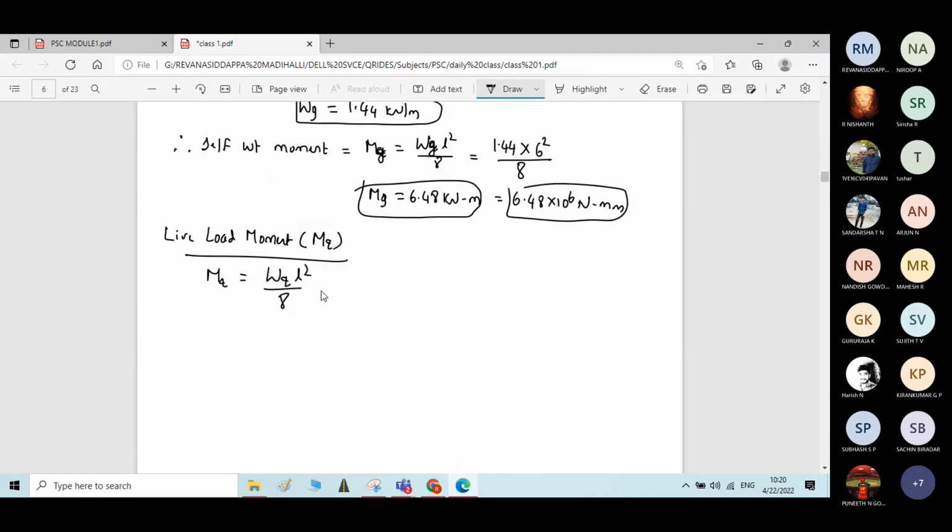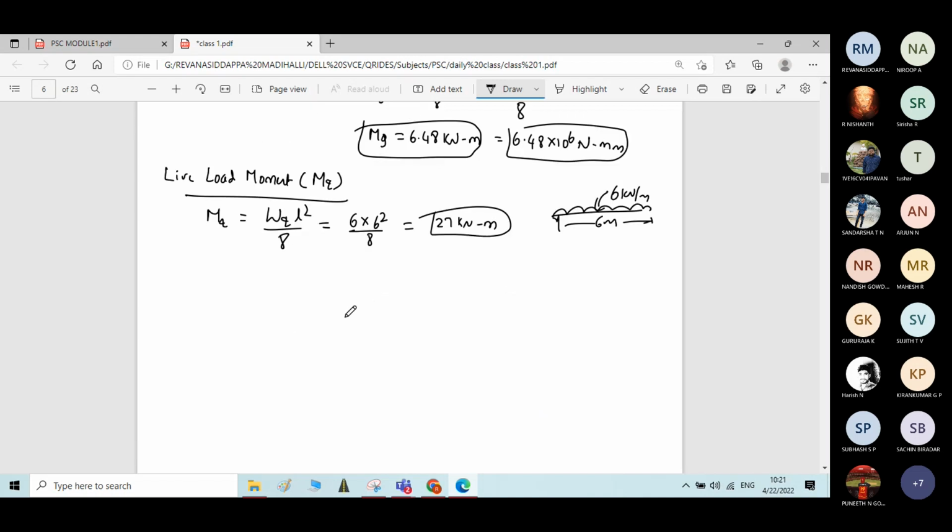Therefore, it is 6 into 6 square by 8. Answer is 27 kilonewton meter. Live load intensity is 6 kilonewton per meter, acting over a length of 6 meter, so moment due to live load is WL square by 8, that is 27 kilonewton meter.